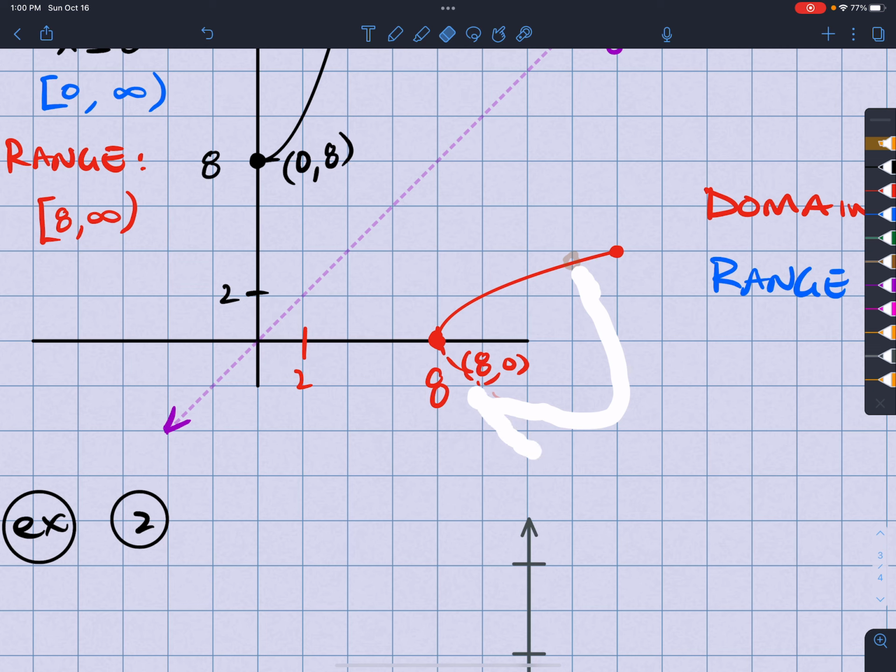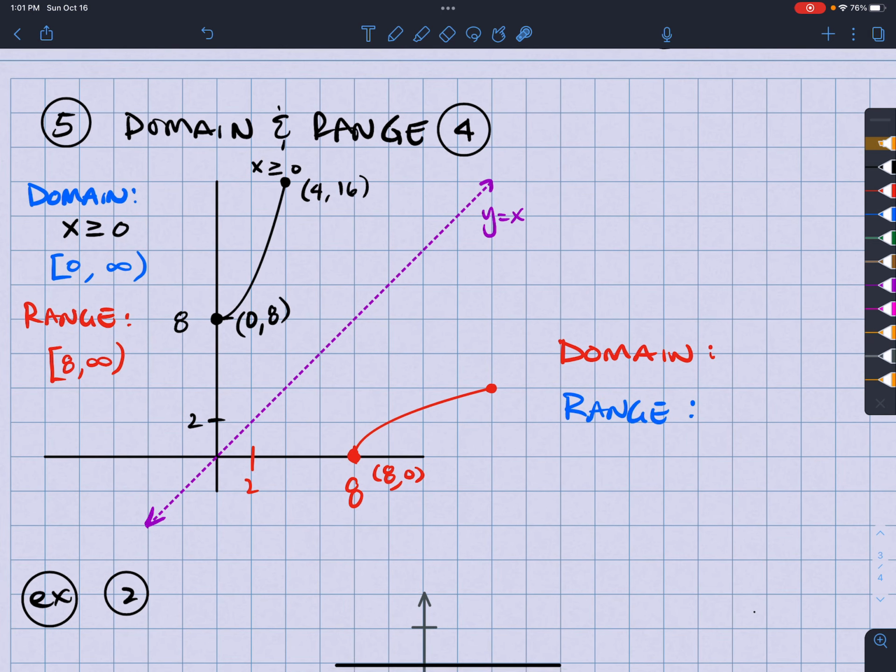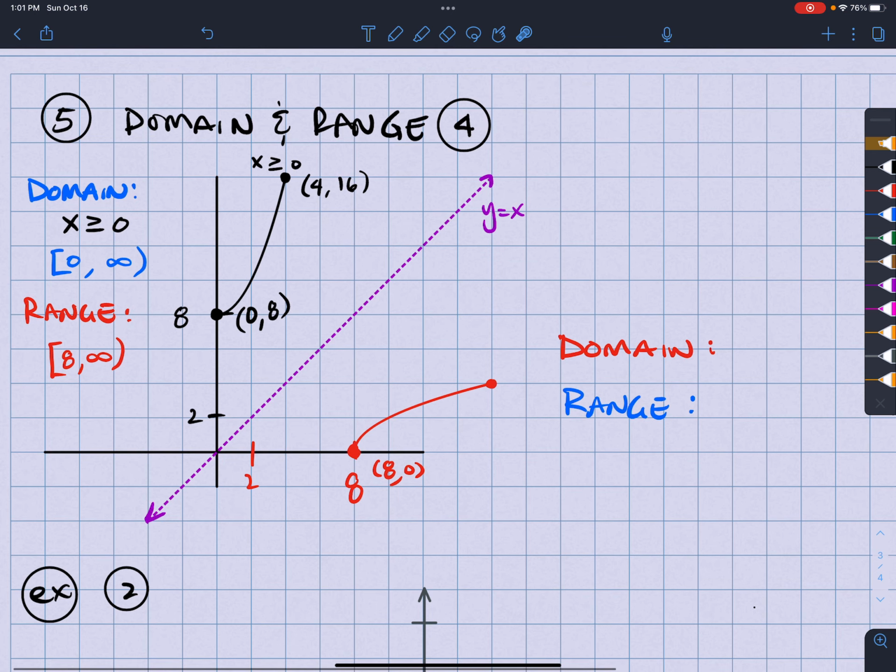Whoa, how did it take that away? That's interesting. Okay, so it'll take that away. So now this would pass a horizontal line test, and this will also pass the horizontal line test.